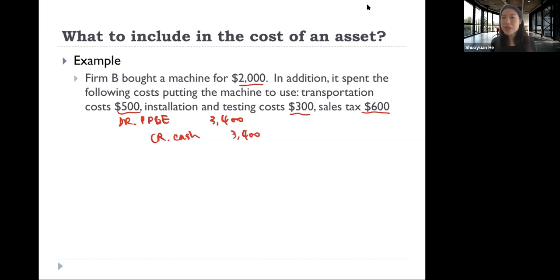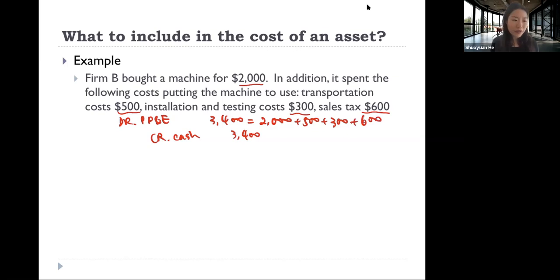How do we get this 3,400? That is the 2,000, which is the cost of the machine, plus the transportation cost, 500, plus the installation and testing cost, 300, plus sales tax, 600.